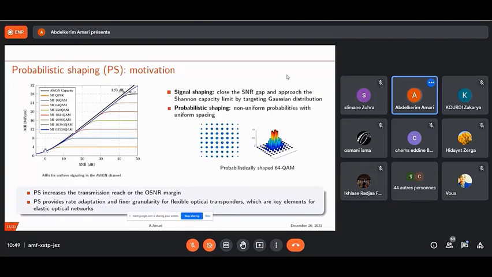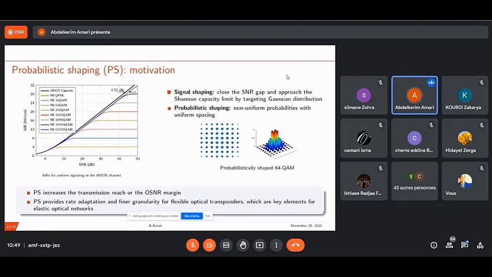We can see that for low order modulation like QPSK, we are close to the channel capacity, but by increasing the modulation order, we have a gap with the channel capacity, which increases and asymptotically achieves 1.53 dB.